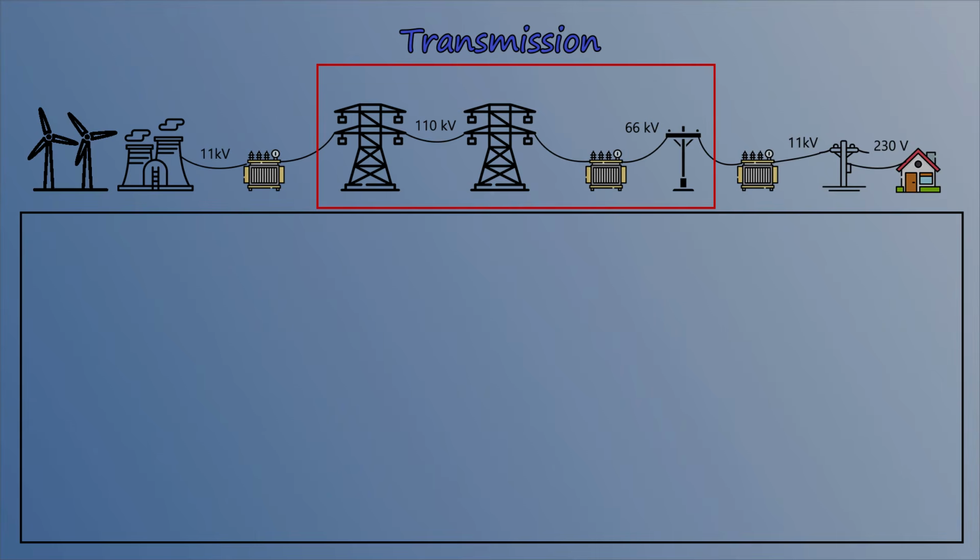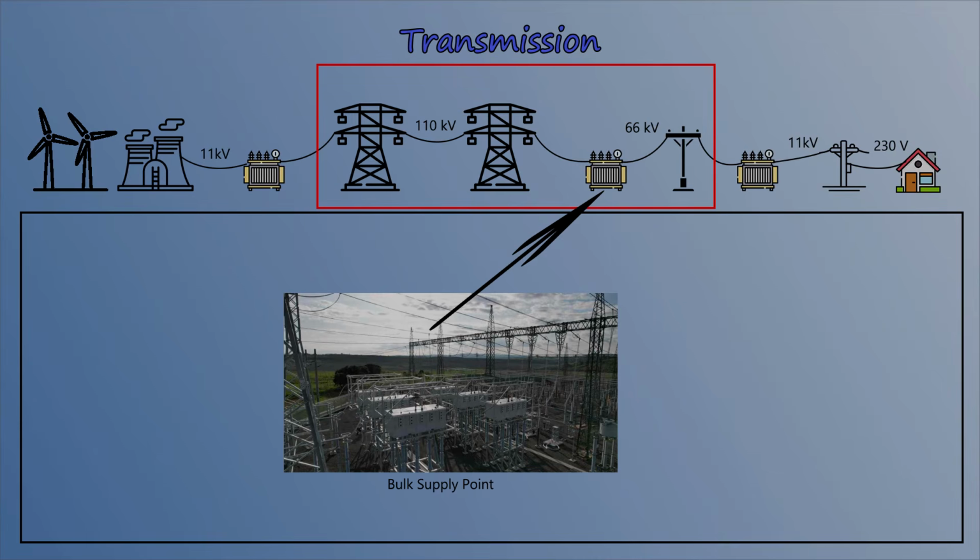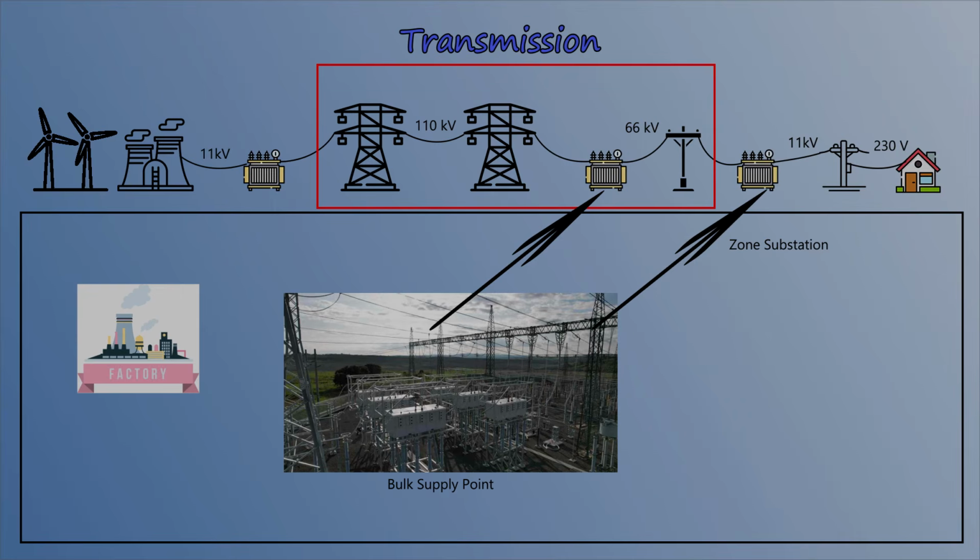Once electricity travels through the high voltage transmission network, it arrives at a bulk supply point. From here, it's divided into sub-transmission lines leading to distribution substations, also known as zone substations, and large-scale consumers such as factories that require significant power.